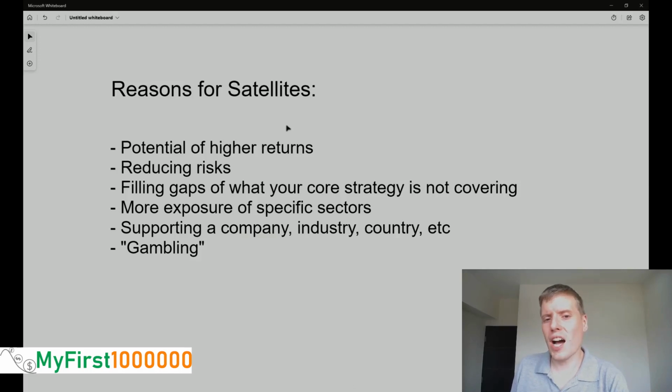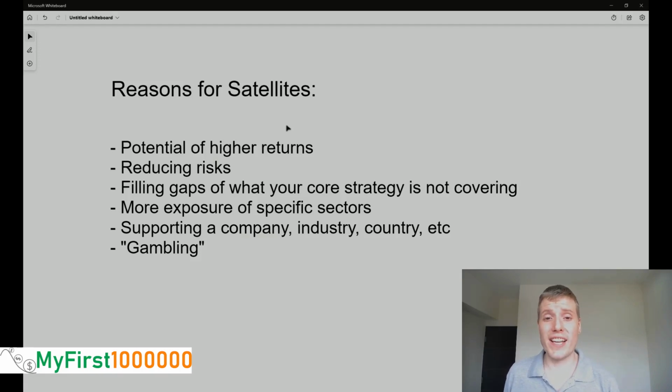Then another common reason for a satellite is maybe you want to have more exposure to a specific sector. You have certainly experienced the AI hype that is currently happening, that everyone has very big hopes on the future of artificial intelligence, and therefore also the companies that are investing in these areas and producing products.